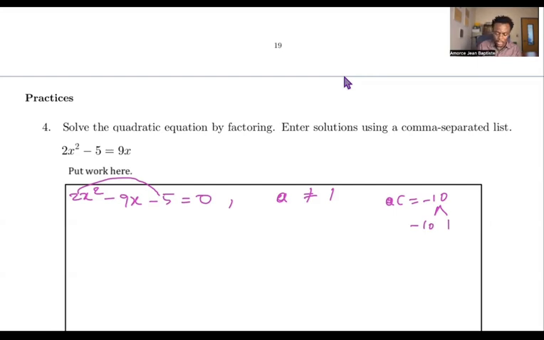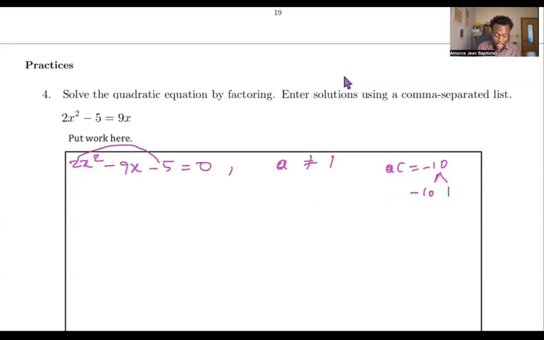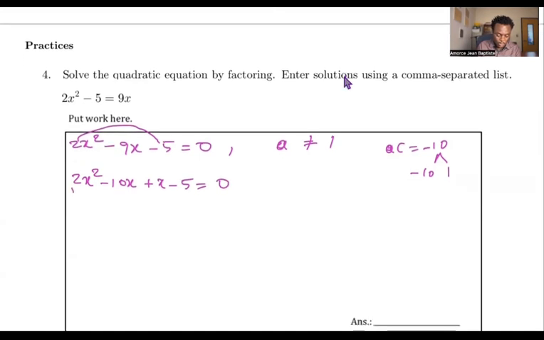And we can write the left side of the equation using 4 terms, breaking the negative 9x as negative 10x plus 1x. So that's 2x squared minus 10x plus 1x, just plus x, minus 5 equals 0. Let's factor. That's my first group, that's my second group.